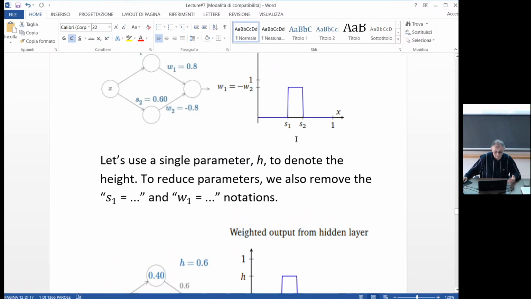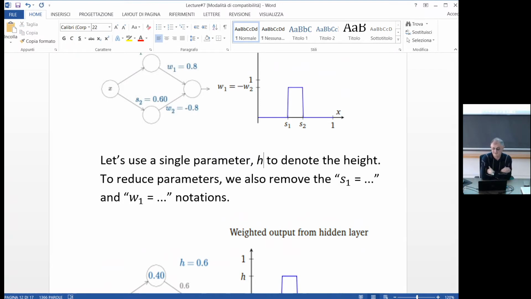So now we need to introduce a new parameter, h.